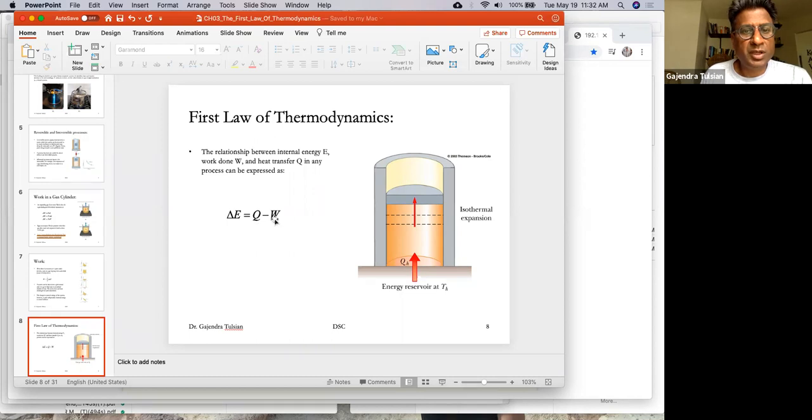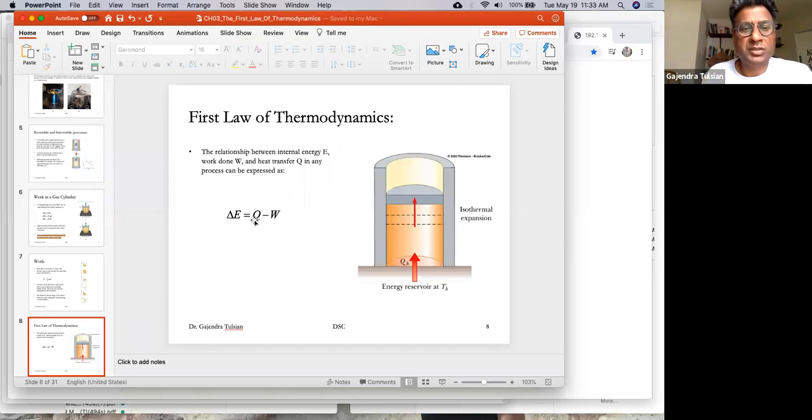When the system does work, W is positive. There are other books out there, some of the engineering books, that use an opposite convention, where work done by an external source is taken to be positive. But our convention is when the system does work, work done is positive.